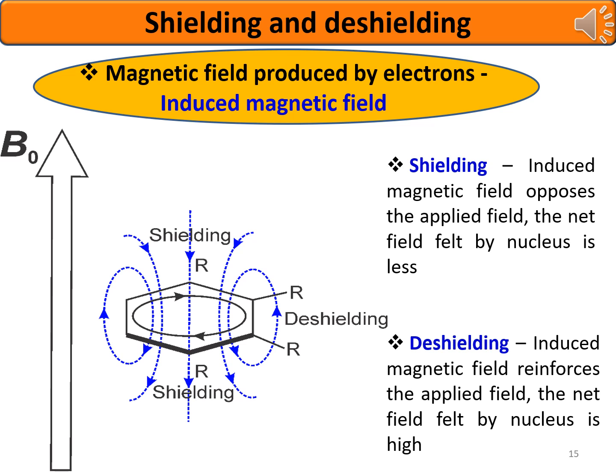Thus, the two possibilities are: if the induced magnetic field opposes the applied field, the net field felt by the nucleus will be less, and hence the nucleus is said to be shielded. And if the induced magnetic field reinforces the applied field, the net field experienced by the nucleus will be high, and the nucleus is said to be deshielded.